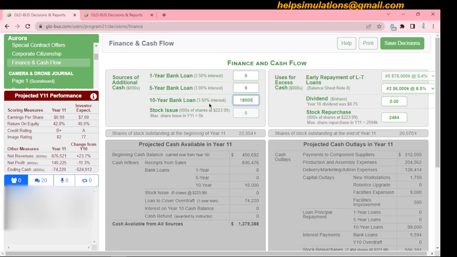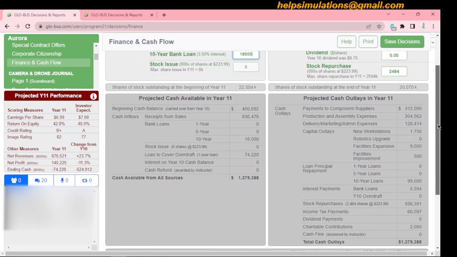At a 3.5% interest, that's low compared to the loans that I had earlier. One had an interest rate of 5.4, the other one 8.5. So I think I'll opt for the loan with an interest rate of 3.5, because that's a cheaper loan.